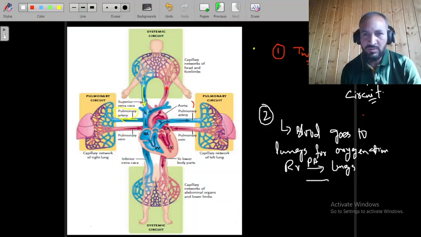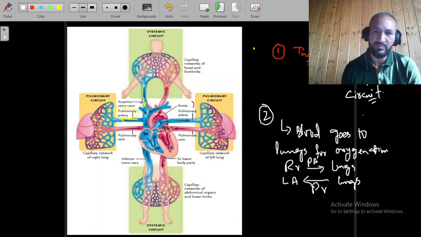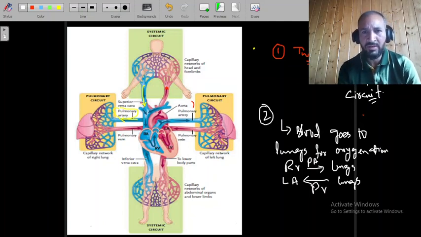Then from the lungs it comes back. It doesn't come back to the right ventricle. Now it comes back to the left atrium, and it comes back through the pulmonary vein. Let me write PV, pulmonary vein.